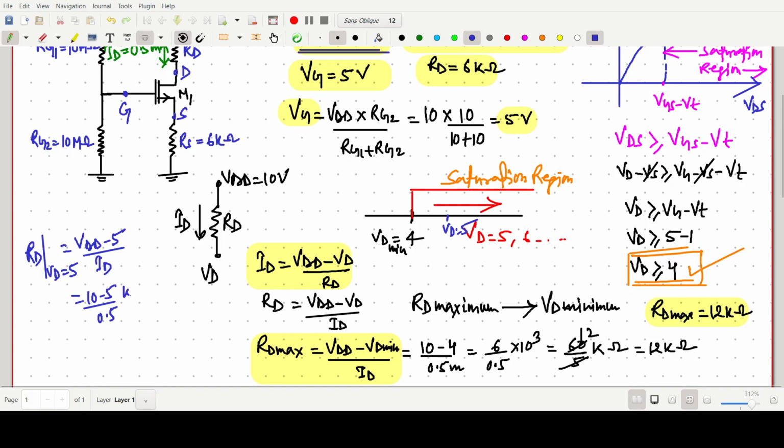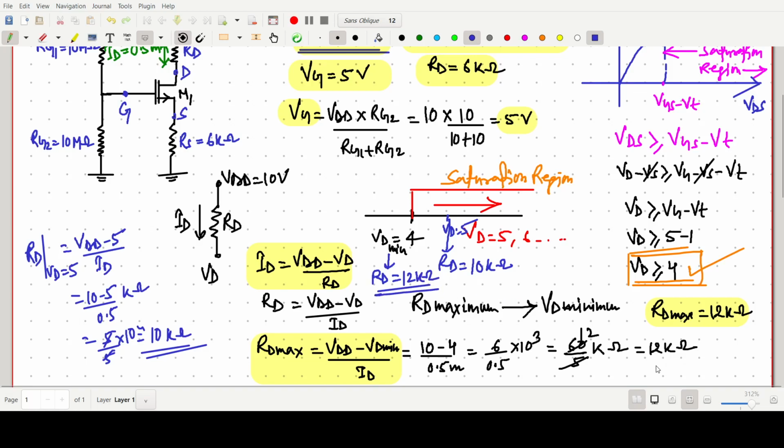So it should be kilo ohm, milli. So 5 by 5 into 10. If we remove this decimal, 10 will become, so it should be 10 kilo ohm. So RD at this point will be just 10 kilo ohm, but here RD will be maximum, 12 kilo ohm.